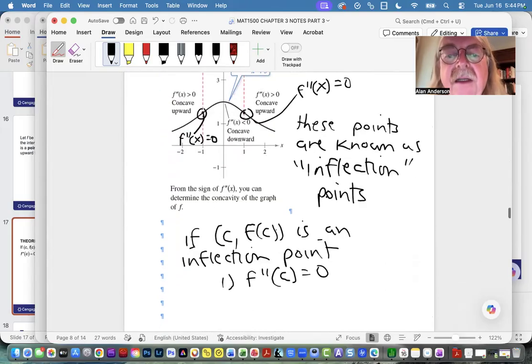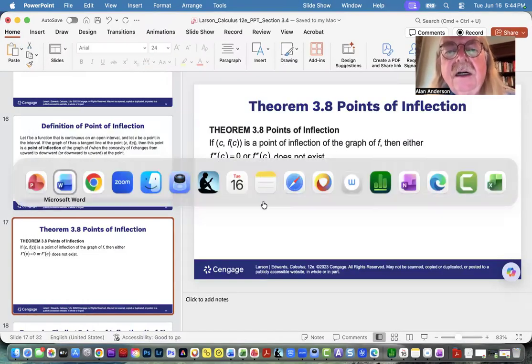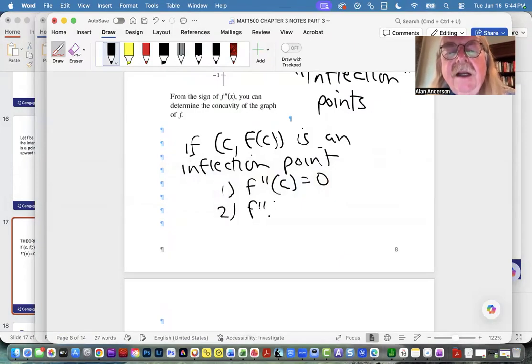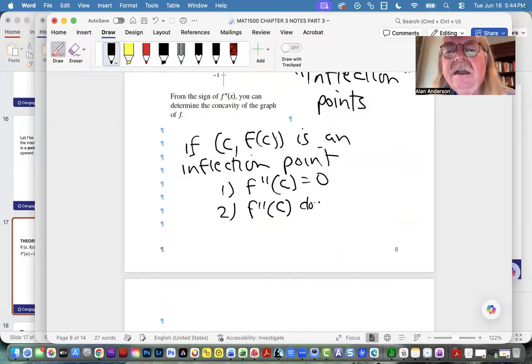Okay. But this happens so often in calculus. It's possible too, though, that an inflection point can occur when there's a very dramatic change in the shape of the curve, which could actually result in an undefined second derivative.